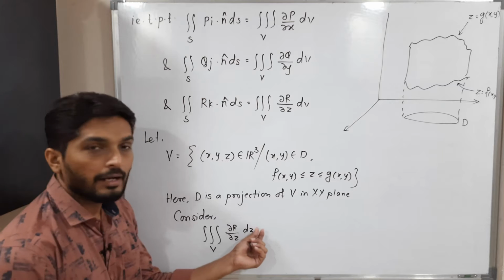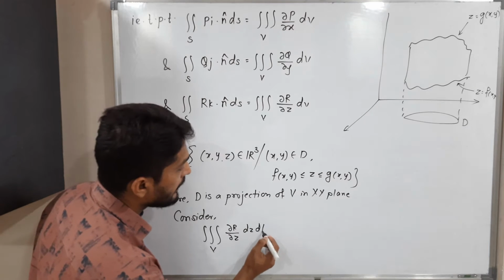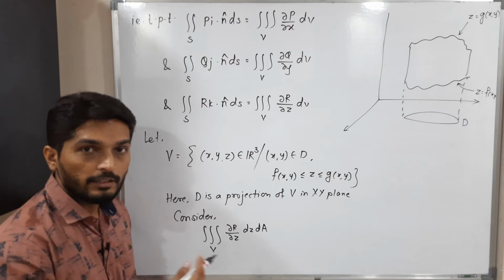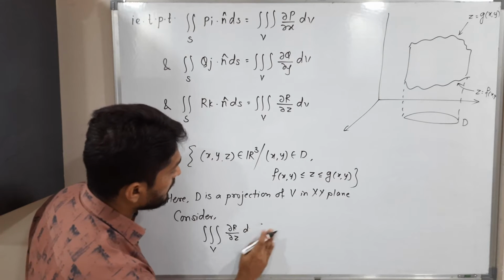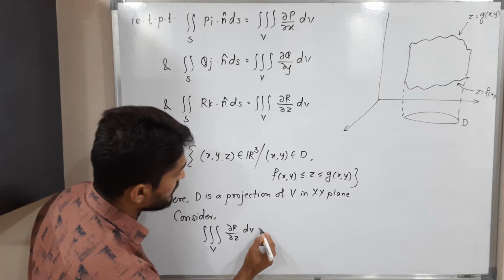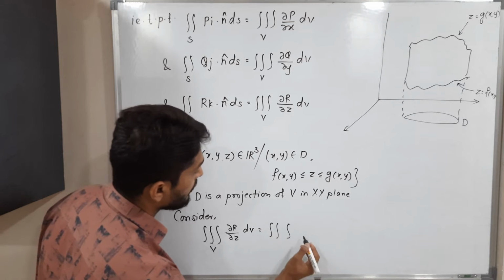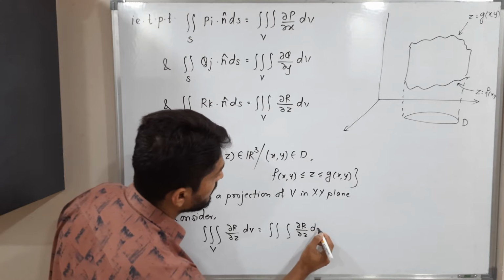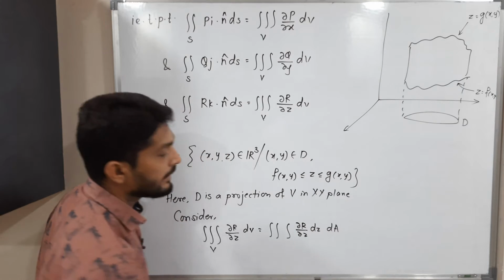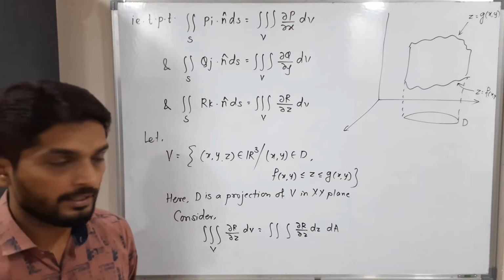Here dz and dy dx we have, I am denoting it by dA. I am considering z first, so dV is equal to the triple integration of delta r by delta z dz, and after that dA means dy dx or dx dy.